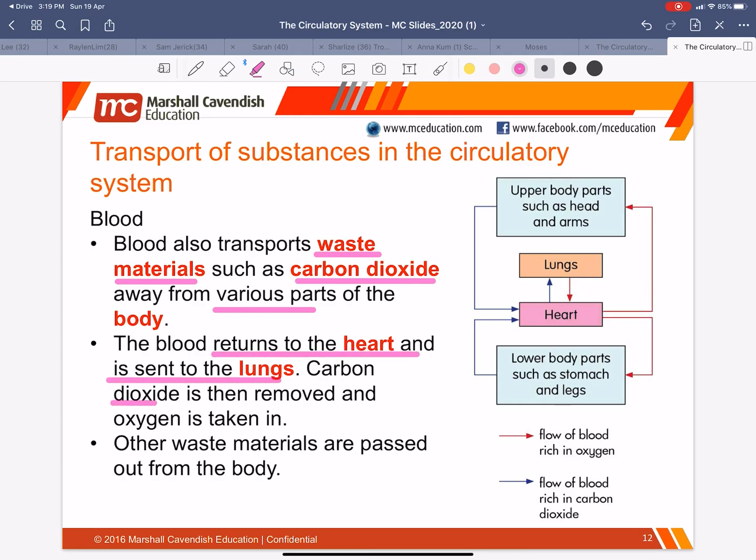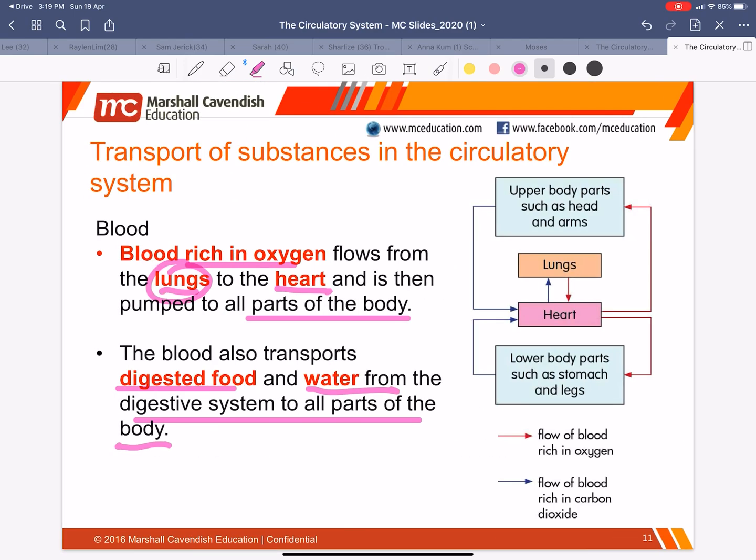Carbon dioxide is then removed and oxygen is taken in. So this is the part whereby we're talking about gaseous exchange. Okay, other materials are passed out from the body through various means. For example, your urea would basically be transported to your kidneys to be expelled out as urine.